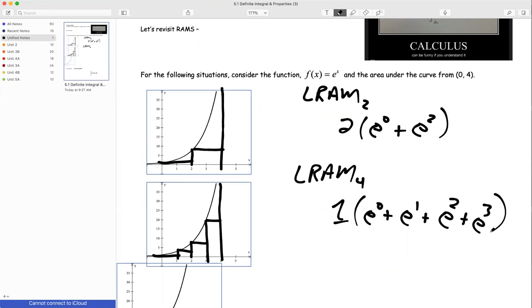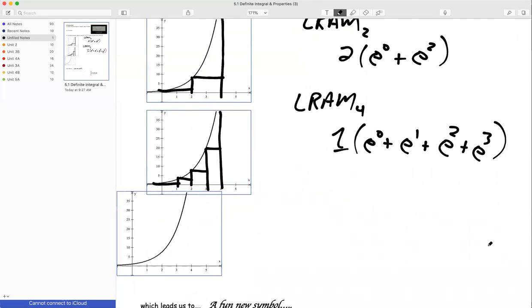Right. And notice I don't use the last value of 4 because this is a left Riemann sum. And on the left Riemann sum, I'm not using the last value there. Okay. So we okay with this right here? All good?